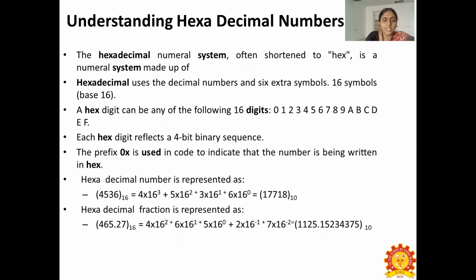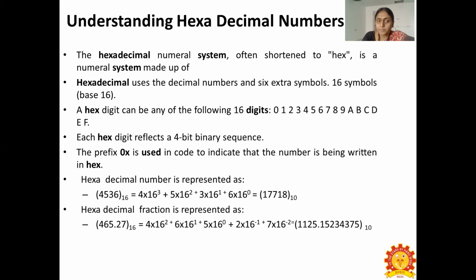So a hex digit can be one of 16 digits, starting from 0, 1, 2, 3, 4, 5, 6, 7, 8, 9, followed by capital letters A, B, C, D, E, and F. So in total, the hexadecimal number system has 16 digits. And each hex digit reflects a 4-bit binary sequence.